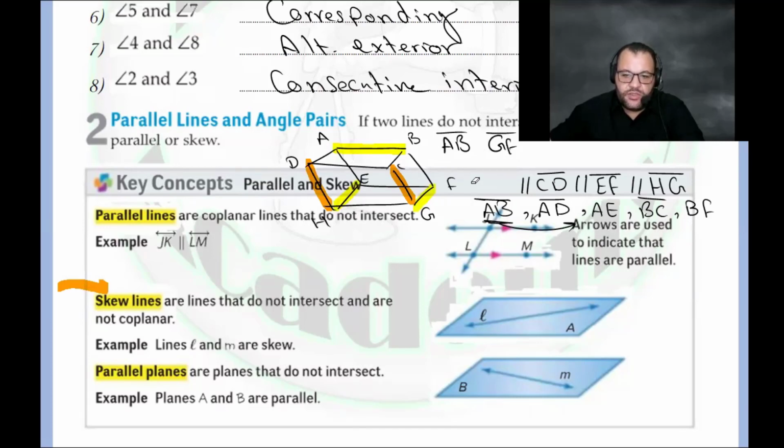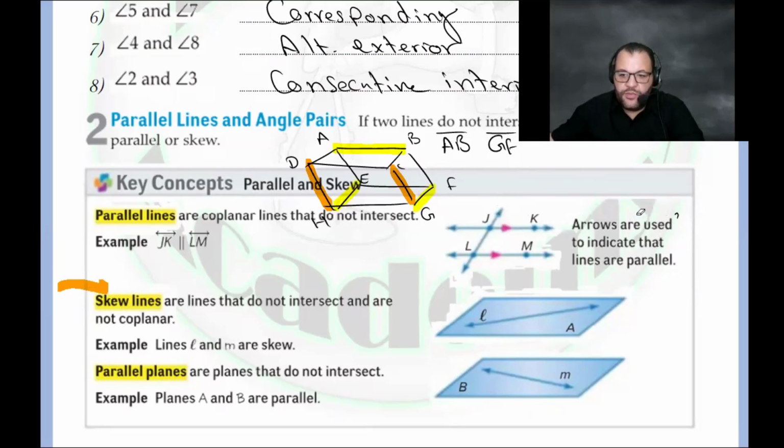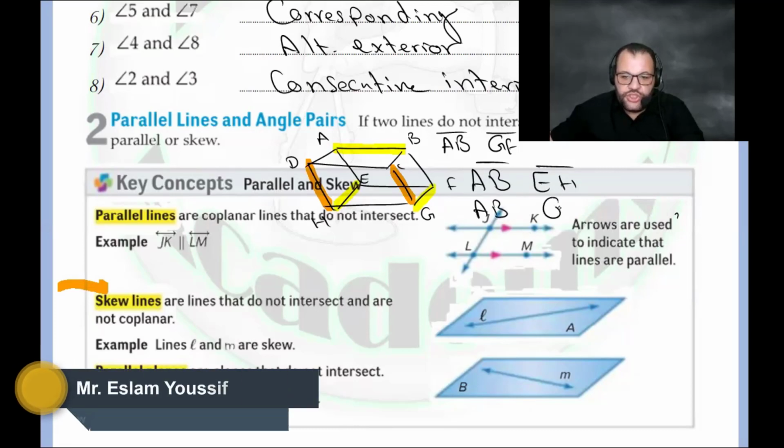I will erase this part. You know now the parallel and the intersection. Now we need the meaning of the skew. AB is a skew with EH. AB is a skew with GF.